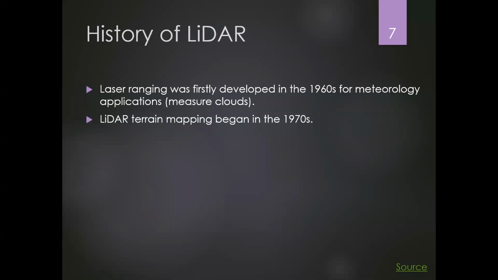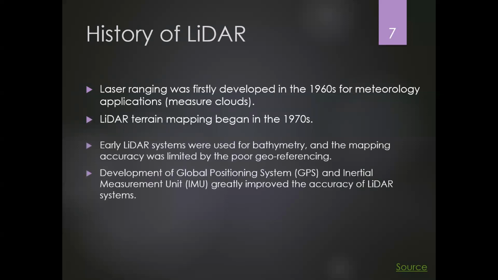If it is not reflected, then you know it's clear sky. And LiDAR terrain mapping began in the 1970s, so it's relatively new, but not very new. Early LiDAR systems were used for bathymetry, and the mapping accuracy was limited by poor georeferencing, because GPS was not a thing back then.